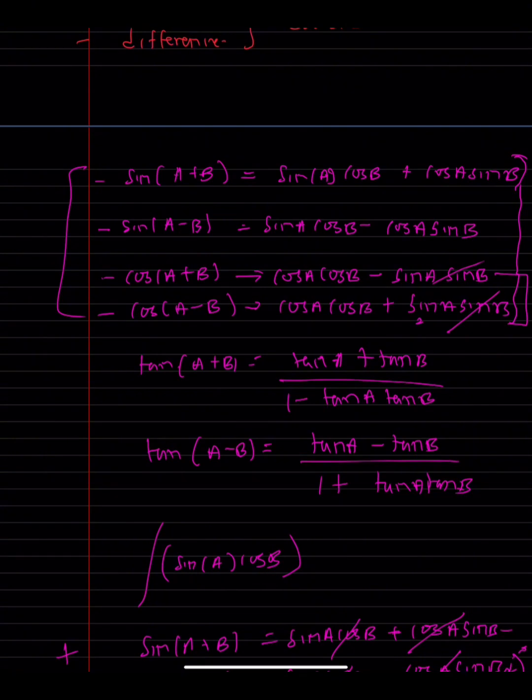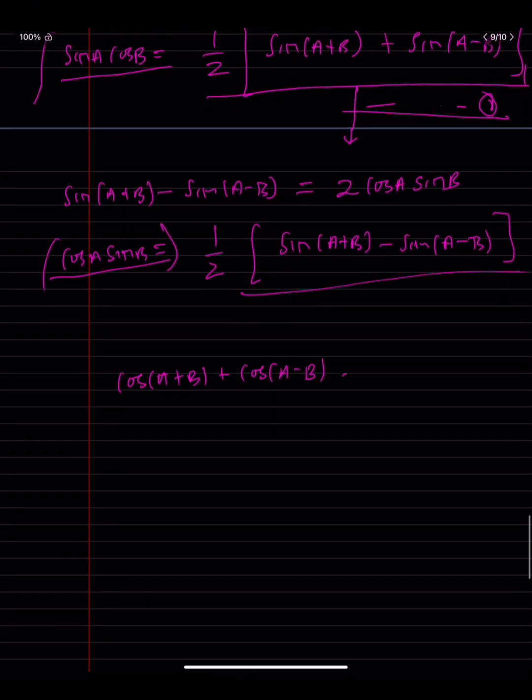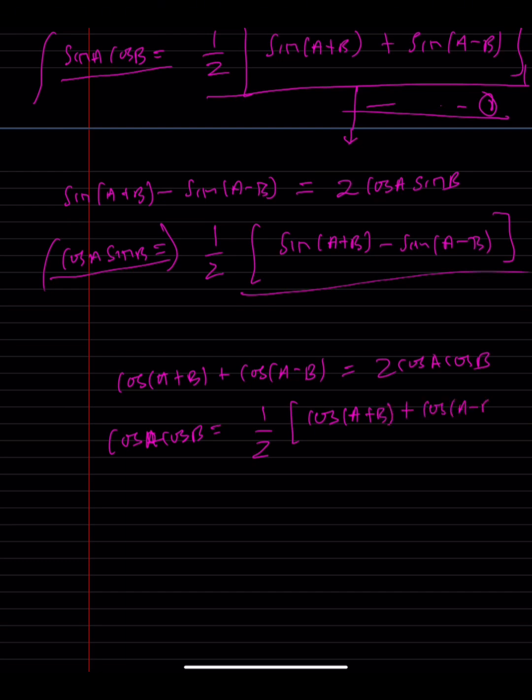And now we are going to get 2 cos A cos B. And therefore, as we have done earlier on, we can get cos A cos B to be equal to 1 over 2 into bracket cos A plus B plus cos A minus B. This is also another identity that you must keep in mind.